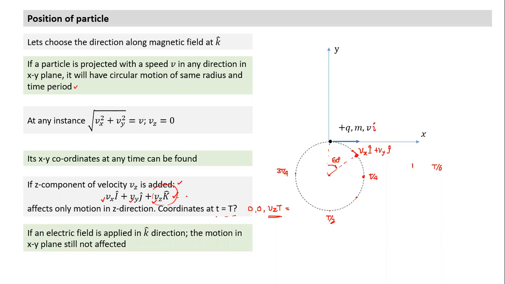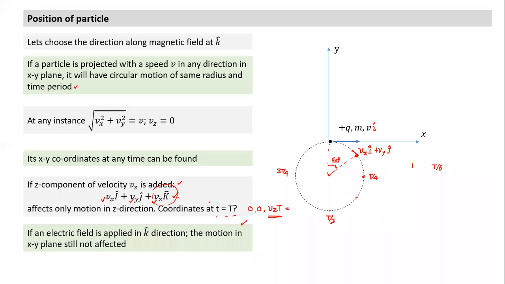So whenever such cases are there, we can split the motion into two parts. Which are the two parts we are splitting into? Motion in the plane perpendicular to the magnetic field: if the magnetic field is in the Z direction, motion in the XY plane will continue to remain circular. And the second motion we take is in the Z direction, the direction of the magnetic field.